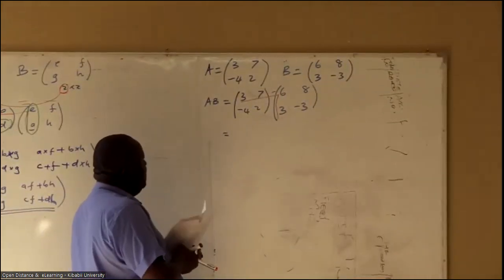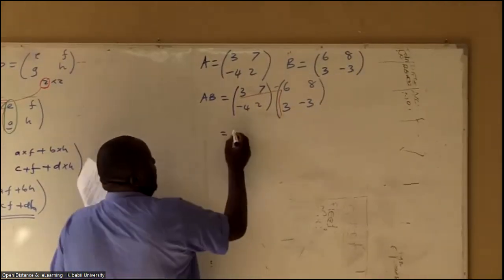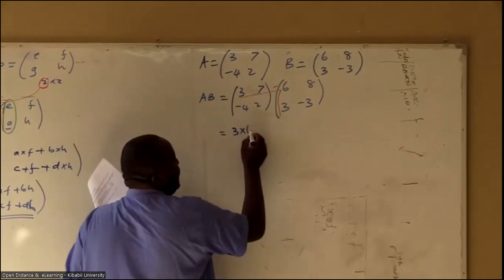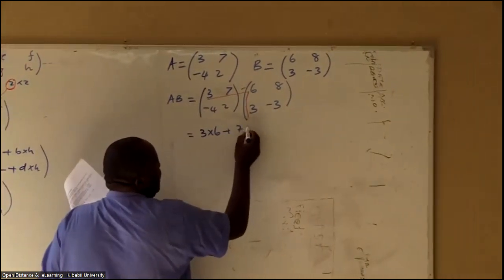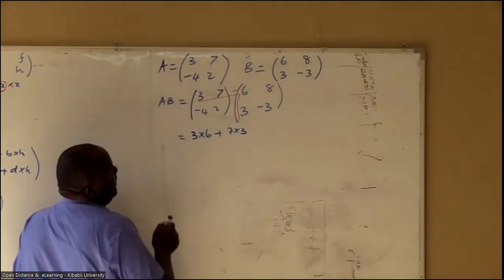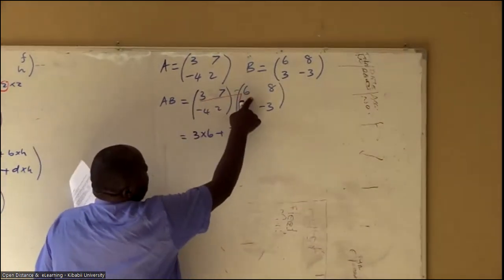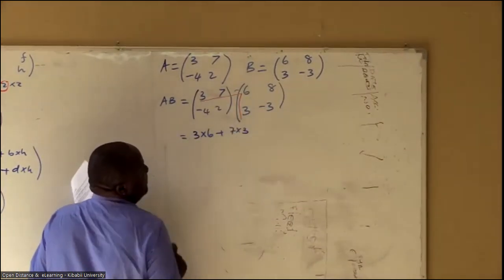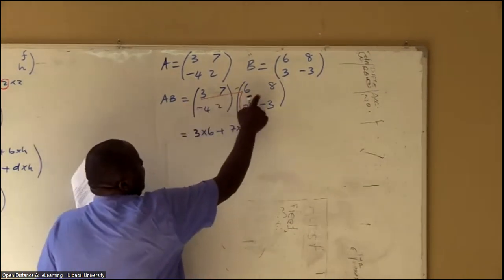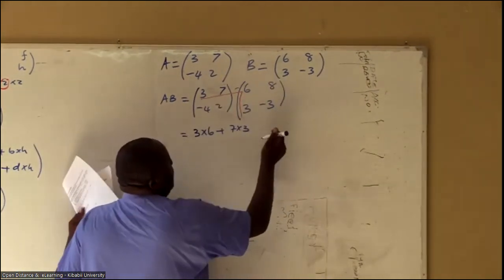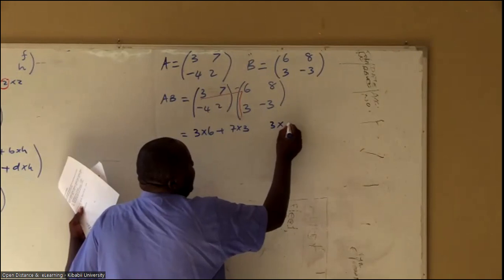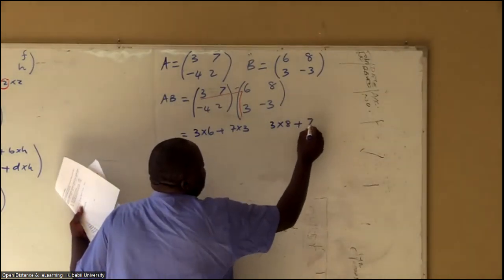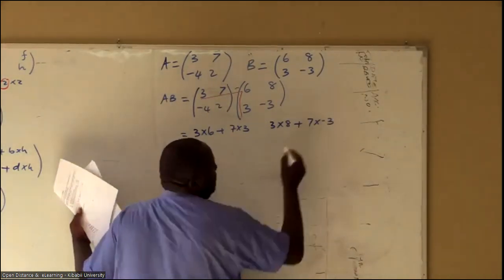So we shall have 3 by 6 plus 7 by 3. Then first row, second column: 3 by 8 plus 7 by negative 3.